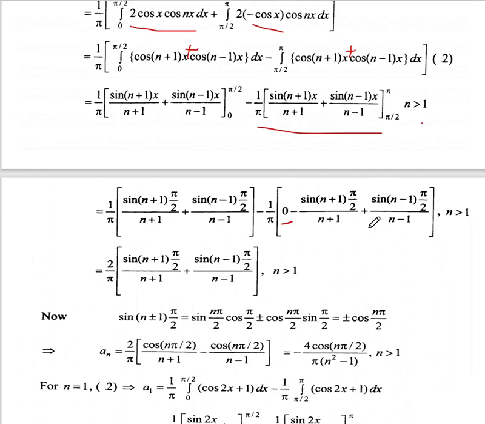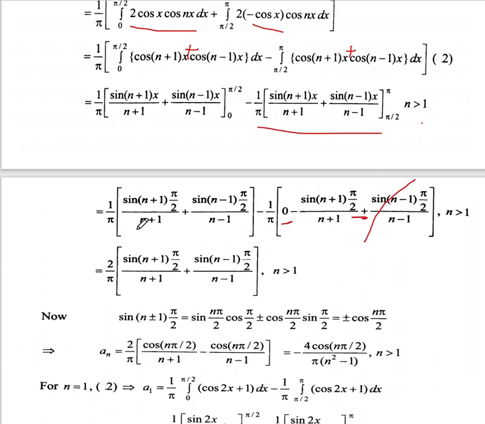So here sin n minus 1 pi by 2 divided by n minus 1. Sorry, actually here minus, here also minus. Minus minus becomes plus, so this will not cancel.